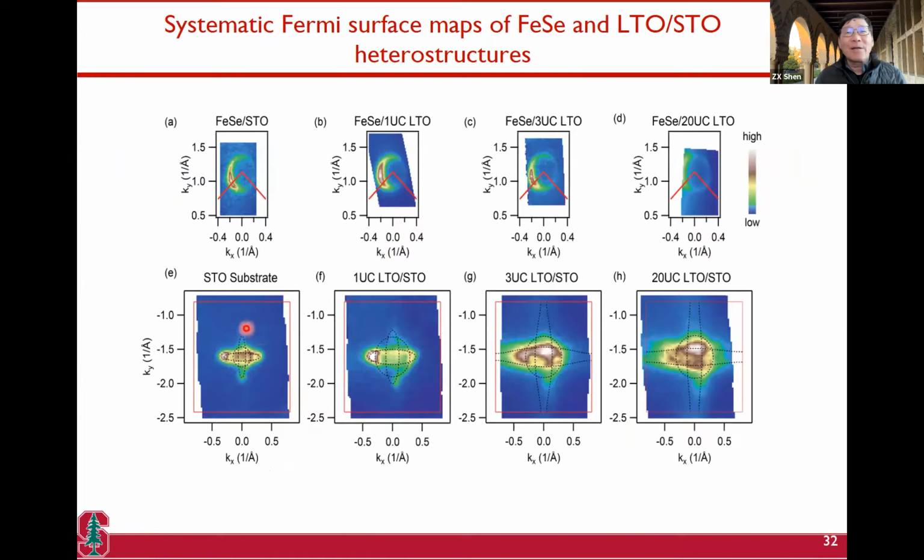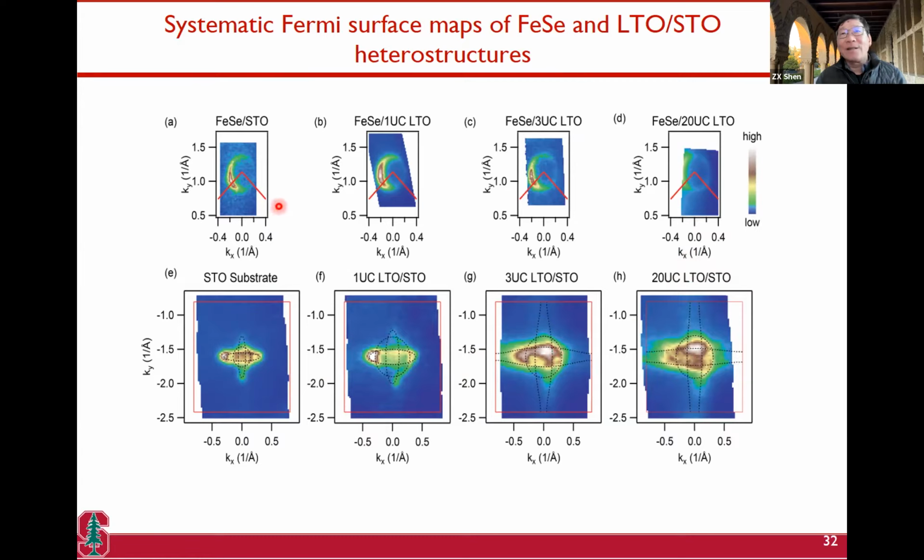The lower part is the Fermi surface of the STO substrate, that's 1 unit cell, 3 unit cells, 20 unit cells of LTO on top of that. You can clearly see that as you grow the LTO thickness, the detail doesn't matter, but there are more and more electrons at the surface. That means there's more potential for charge transfer.